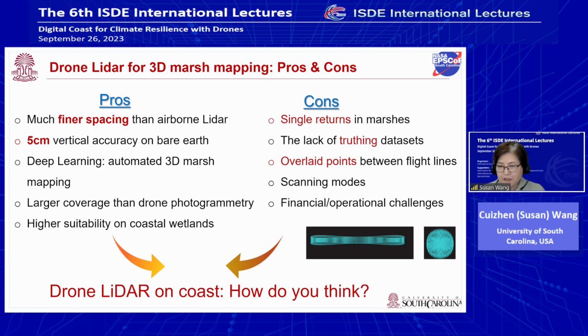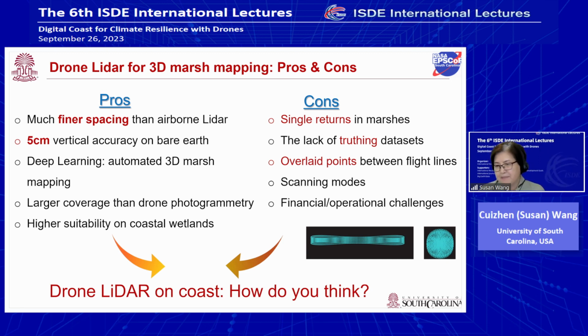The scanning mode is another interesting story. Most drone LiDAR applies linear scan mode. That's the default, the quickest, the most efficient way. But for marsh fields, it caused really big trouble with the lack of details in the cross track.